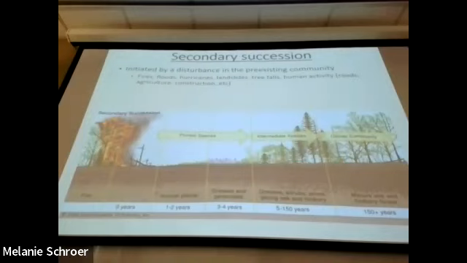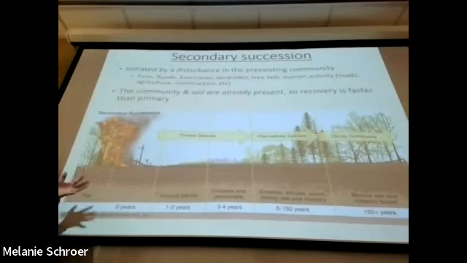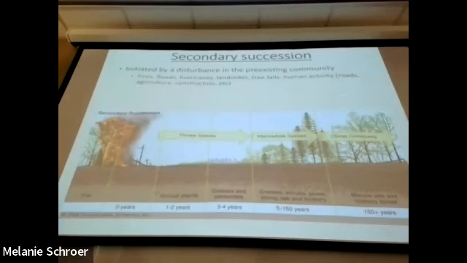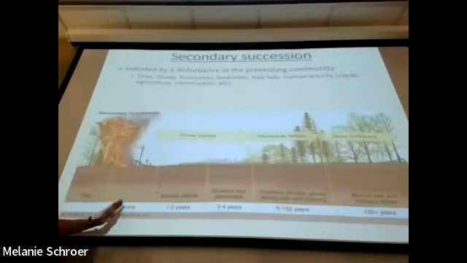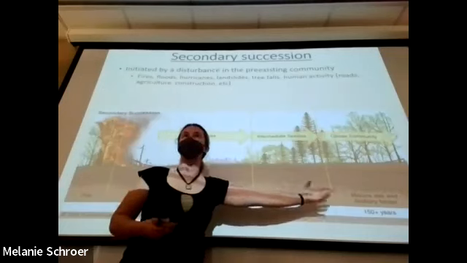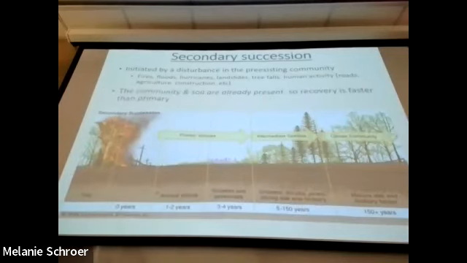Things like floods or hurricanes, anything that does not completely wipe out the community down to bare rock. Because there is some kind of community structure, there might be a seed bed still present, and of course there's still soil, the recovery is a lot faster. So instead of looking in terms of hundreds of years like here it might be decades or maybe up to 150. So much faster.